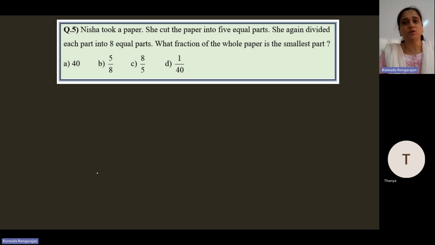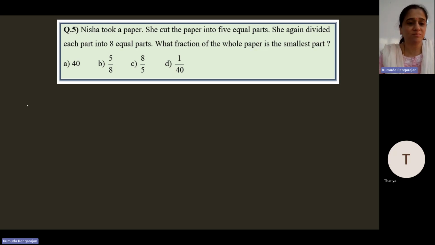So each part is 1 by 5. The fraction for each part will be 1 by 5. She again divided each part into 8 equal parts. What fraction of the whole paper is the smallest part?